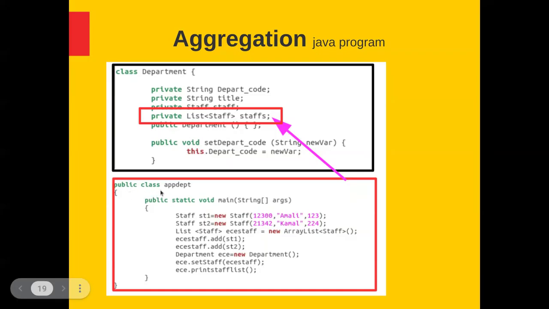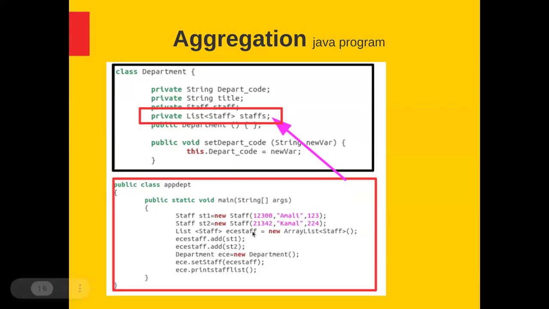The public class Department. Now we have to create the Staff class before this, before introducing this one. List, ArrayList, Staff.